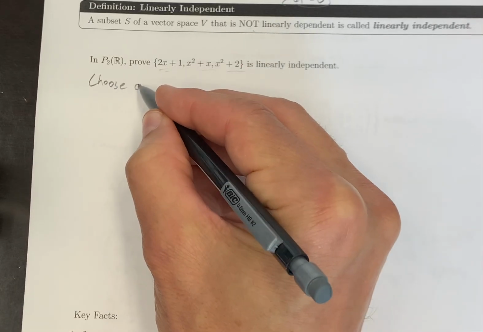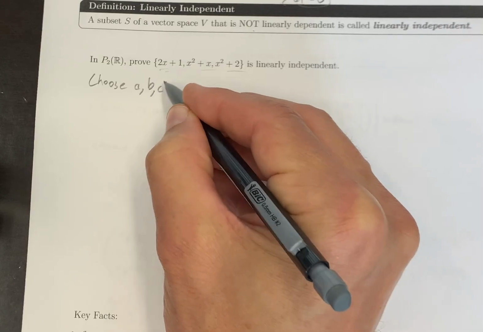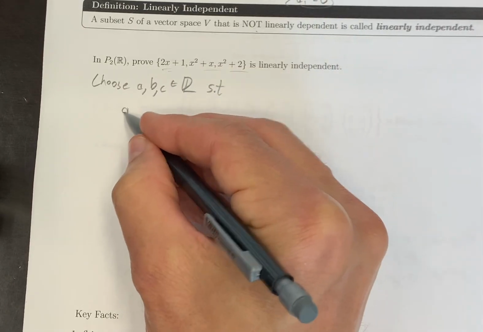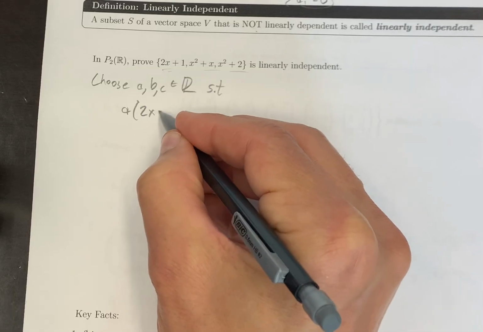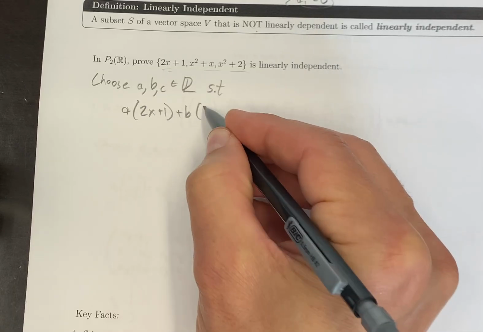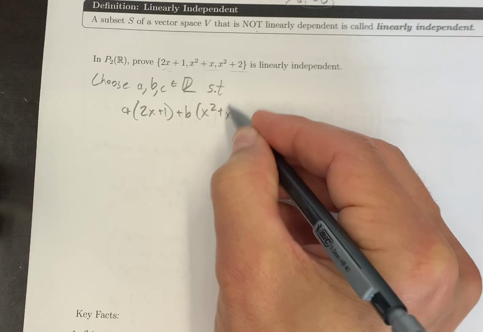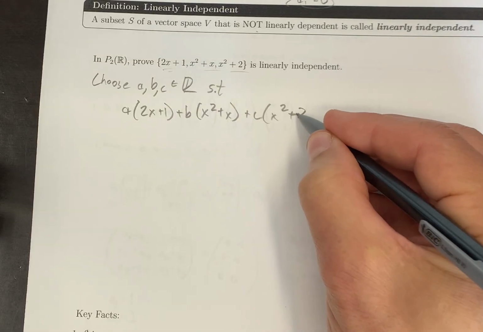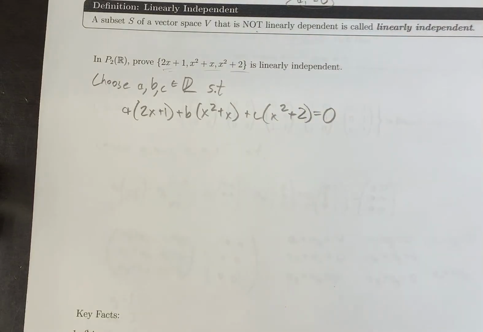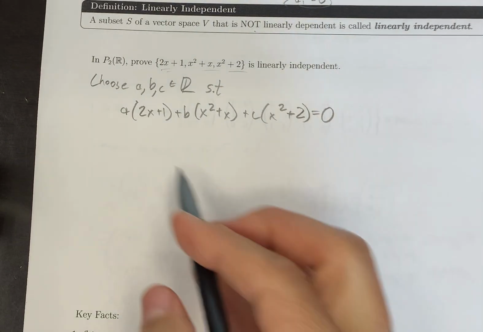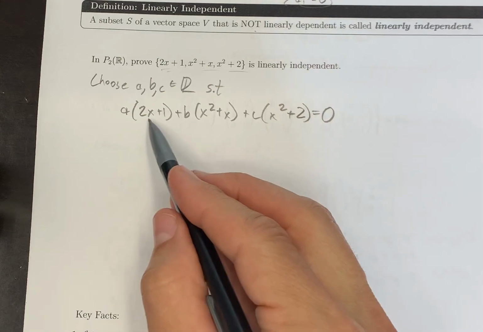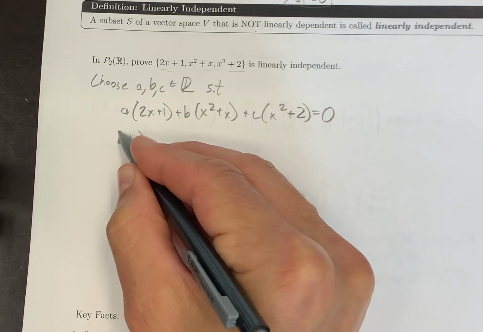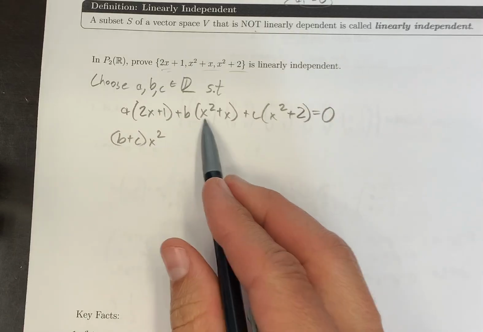So let's choose A, B, and C real numbers such that A times (2x plus 1) plus B times (x squared plus x) plus C times (x squared plus 2) equals 0. That's the 0 polynomial. So let's expand all of this out. Where do my quadratic terms come from? I get (B plus C) x squared, right?